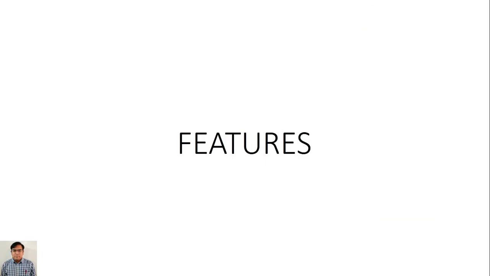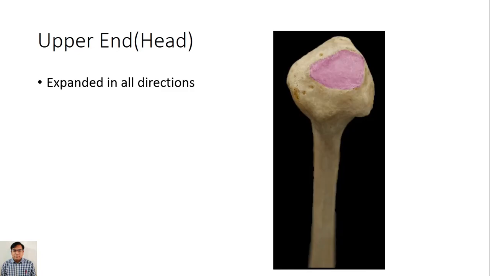Now the features of the fibula. The upper end is also known as the head. It is expanded in all directions, as I have told you. This is the upper end. It has an articular facet. This pink area is the articular facet, which articulates with the upper end of the tibia.